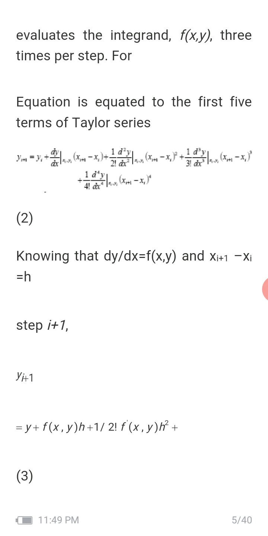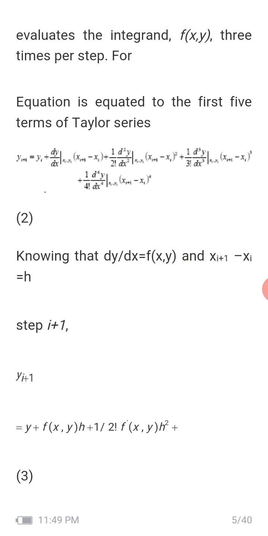The equation is equated to the first few terms of the Taylor series, that is y(i+1) equal to yi plus dy/dx at (xi, yi) into (x(i+1) minus xi) plus 1 by 2 factorial into d square y/dx square at (xi, yi) into (x(i+1) minus xi) the whole square plus etcetera. Knowing that dy/dx equal to f(x, y) and x(i+1) minus xi equal to h, that is the difference.